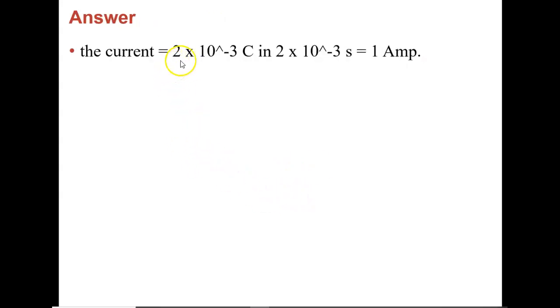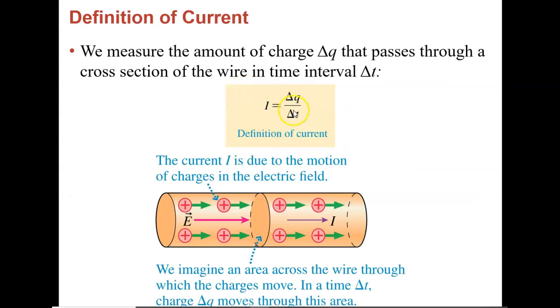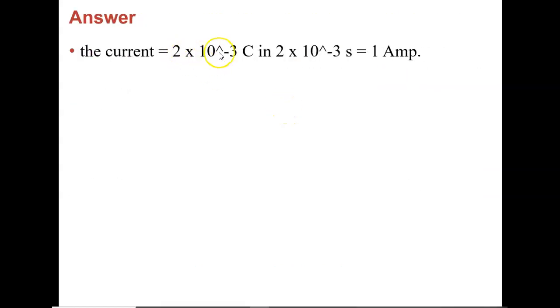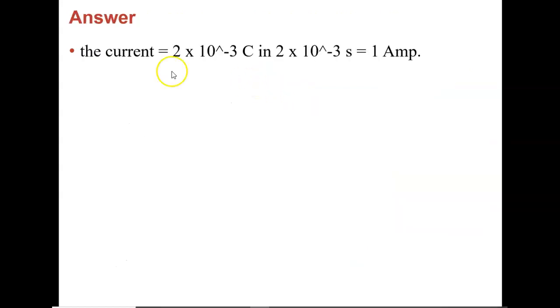Your charge is 2 times 10 to the negative third coulombs. Your time is 2 times 10 to the negative third seconds. Current is charge divided by time, so 2 times 10 to the negative third divided by 2 times 10 to the negative third is 1 amp. That's the basic math: current is charge divided by time.